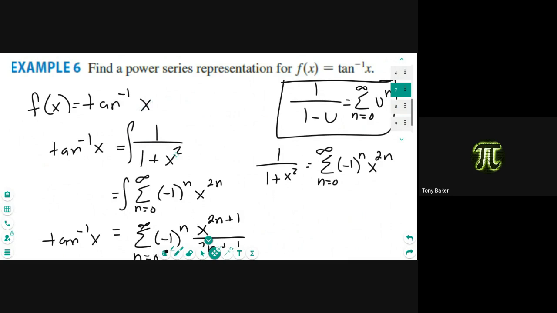So we also took the derivative. Taking the derivative is one method. You also could technically do the integral to go backwards. So either one is a possibility.